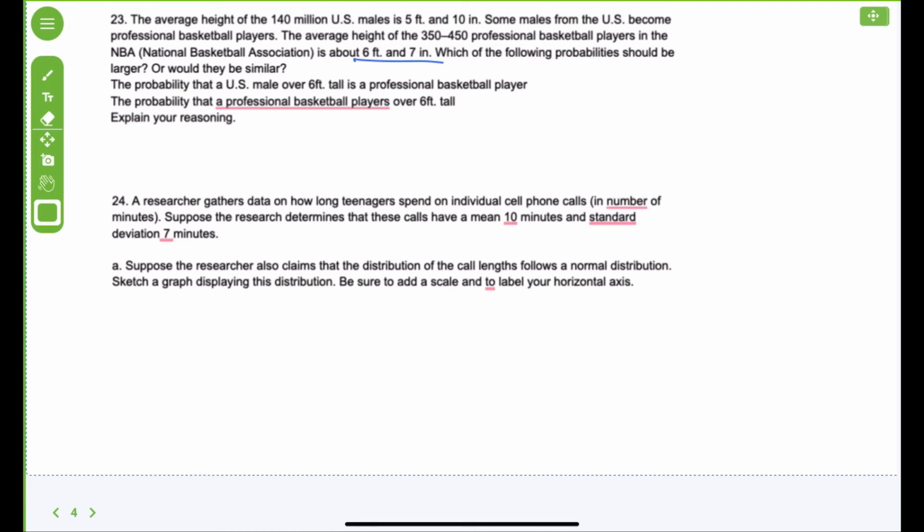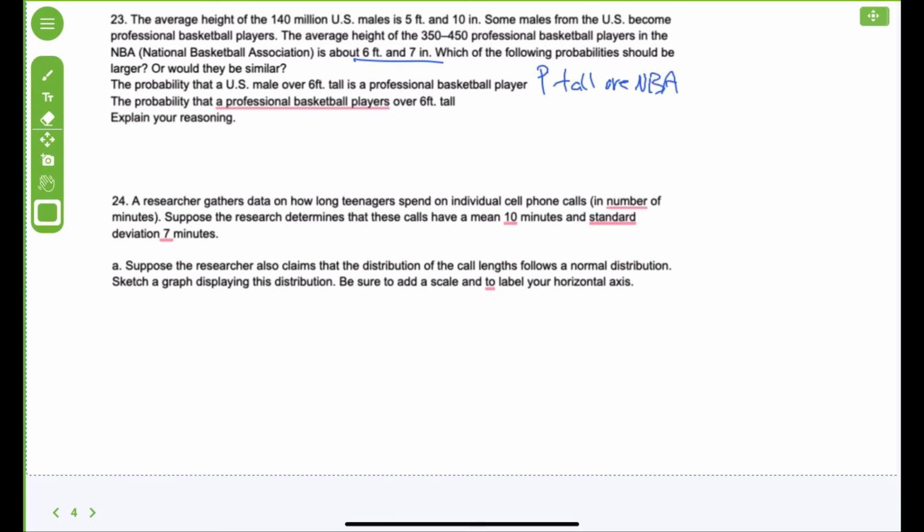Well, I am 6 foot tall, and I'm nowhere close to being a professional basketball player. But we could say that the probability that the U.S. male over 6 foot tall is, so that would be like saying tall and they are NBA.